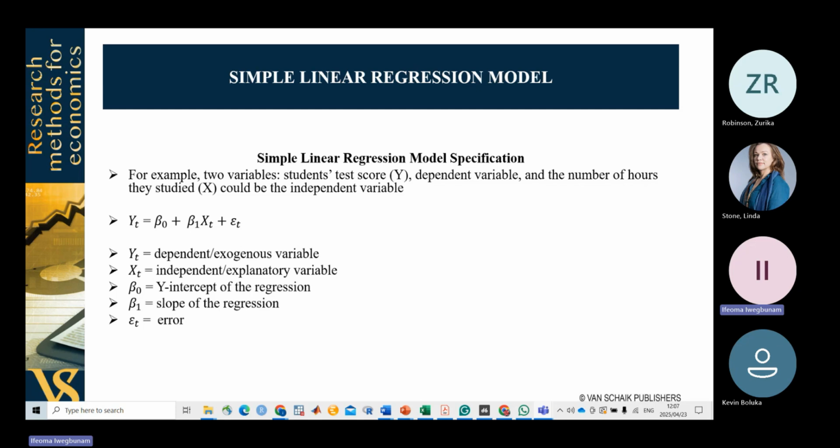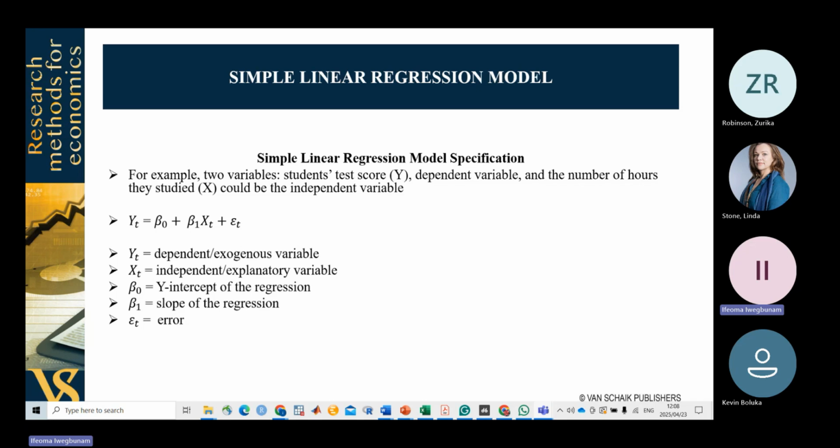By so doing, we'll be able to measure how the number of hours impacted the scores the students get in their exams. And looking at the model specification for the simple linear regression, we have the dependent variable here, as I mentioned before, which is the endogenous variable.